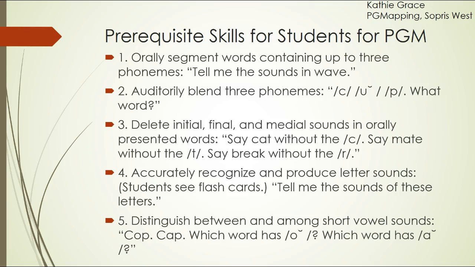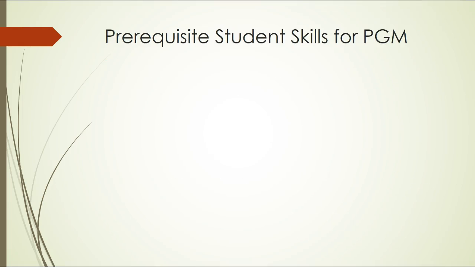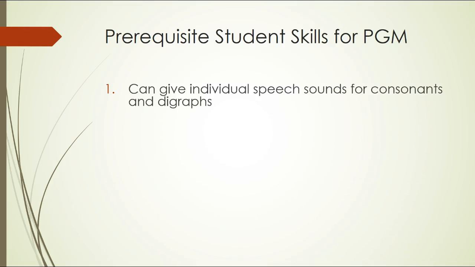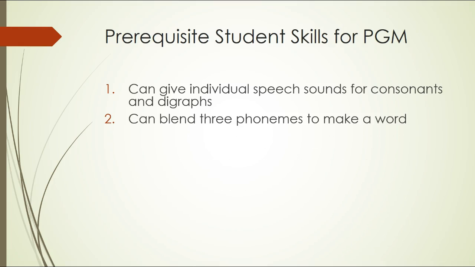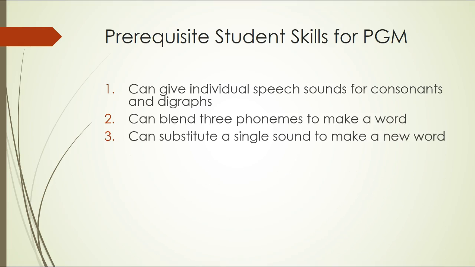Students benefit from phoneme-grapheme mapping when they have these prerequisite skills. If they don't have these skills, it's really difficult for them to phoneme-grapheme map. Also, they need to be able to give individual speech sounds for consonants and digraphs, not just plain old letters by themselves. Like I said, blending three phonemes to make a word, substituting a single sound to make a new word.